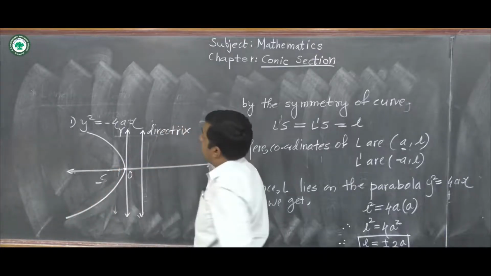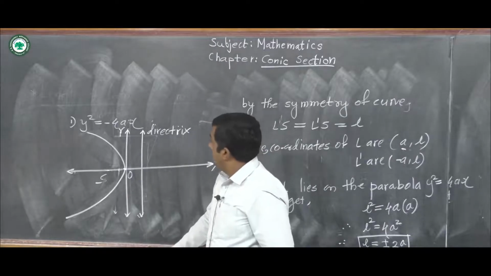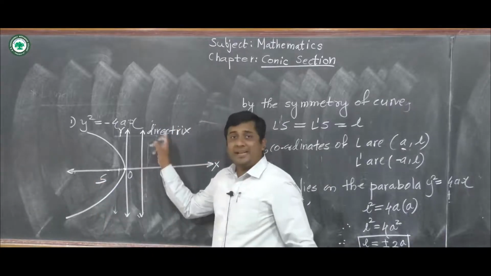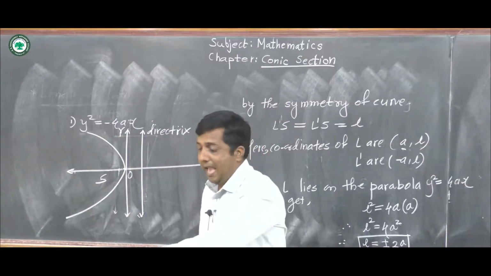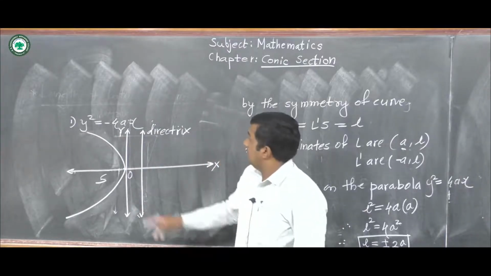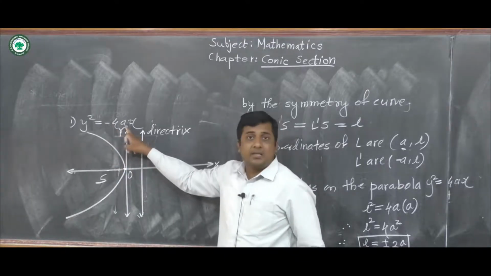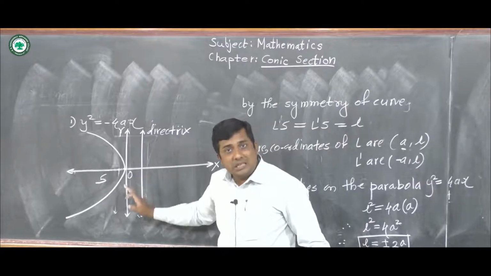This is our origin O. Here S is the focus. This first line is the directrix. We consider the y-axis. So for y square is equal to minus 4ax, our figure is like this.